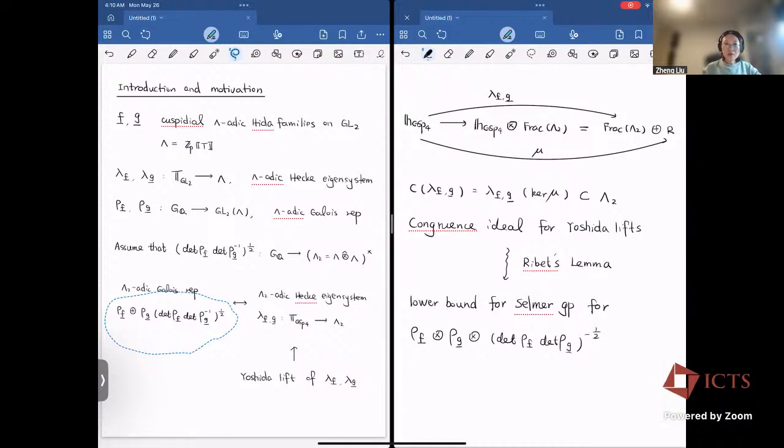And actually, this part has been studied by Mingwen Xie and Bharat Pavanan.